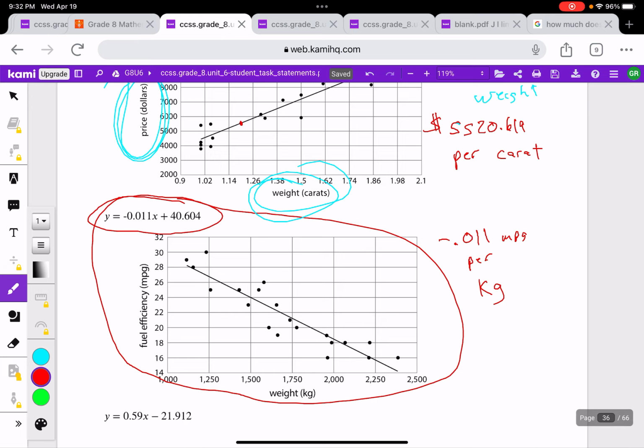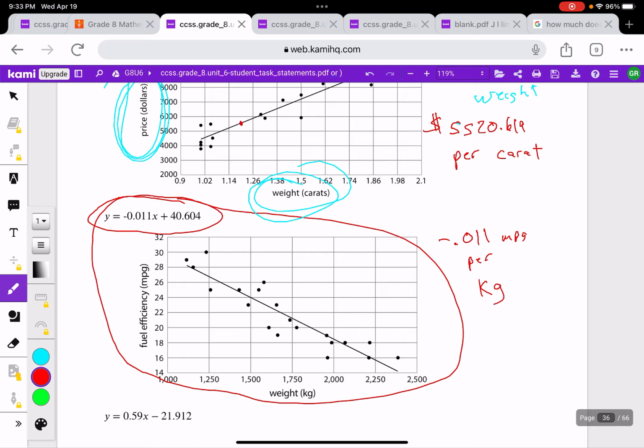So I kind of wrote that 0.011 miles per gallon, 0.011 is the slope per kilogram. And it's negative. So what do you think that means? It's saying that every time you add a kilogram to a car, 1,000 grams, your miles per gallon goes down 0.011.